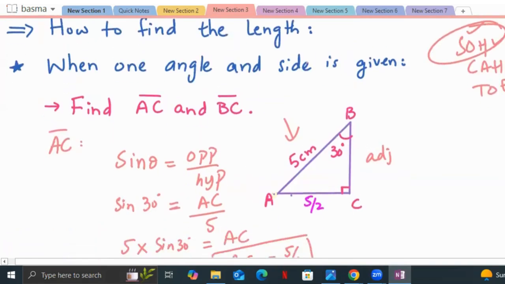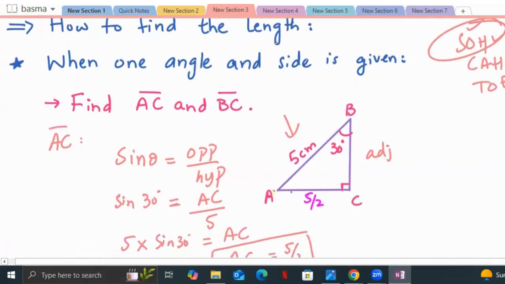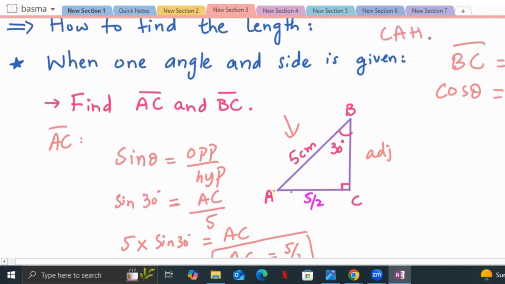Now let's talk about BC length, because we do have to find BC also. Again, you're going to apply SOH CAH TOA. The adjacent is missing, so you can either use the tan here or the cosine here. If I use cosine to find BC, I'm going to use the CAH value, which is cosine theta, adjacent over hypotenuse.